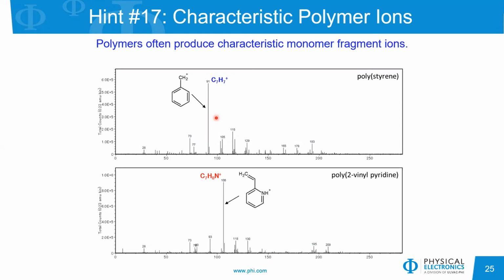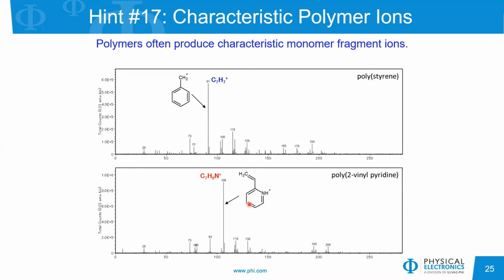we're looking at. So on top is the low mass-to-charge region of polystyrene, and we see very clearly the C7H7 monomer. In the bottom spectrum, this is the low mass region for poly 2-vinyl pyridine, and we see this vinyl pyridine monomer group here at a mass-to-charge ratio of 106.